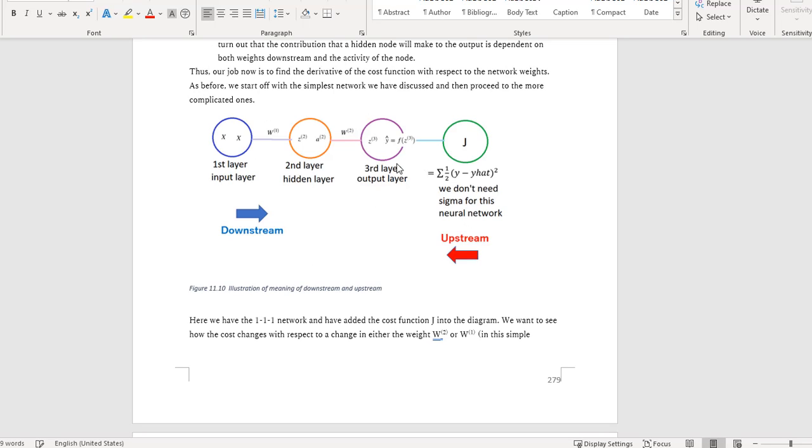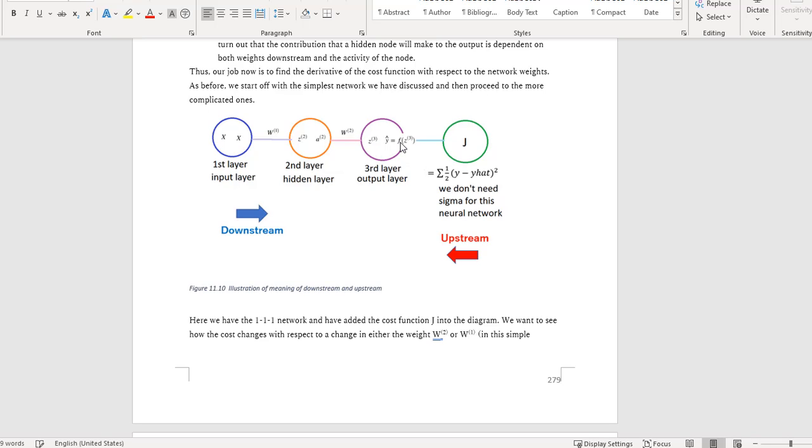Okay, there's one other point I want to make here. Notice that we said that y hat is f of z3. In other words, we take this z3 and we put it into f. Remember, f is the sigmoid function, and we get an output which we can either call a3 or y hat. Here we're calling it y hat. So y hat is f of z3. Now we're going to need the derivative when we talk about doing the chain rule of J with respect to W2.